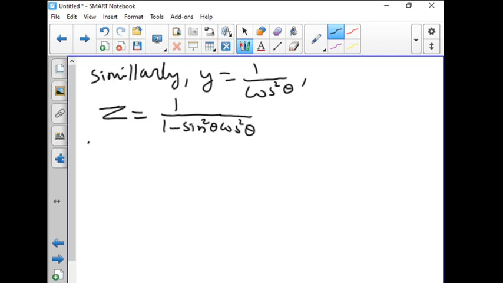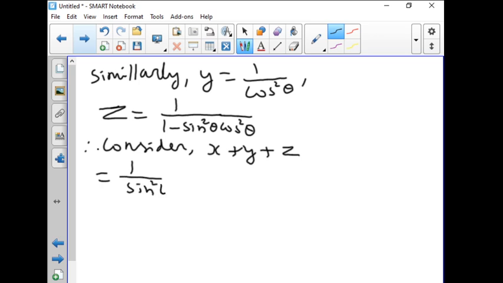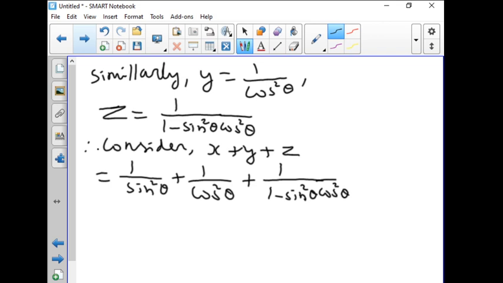So now you consider x plus y plus z. So what is it? 1 by sin square theta plus 1 by cos square theta plus 1 by 1 minus sin square theta into cos square theta.